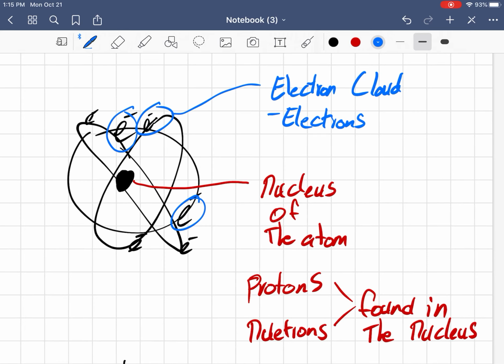You actually can't pinpoint exactly where an electron is going to be. Instead, you just say there's this region that electrons could be found within, and they're somewhere in that region, which is why we call it a cloud, because a cloud is just a shape that represents an area in this case.